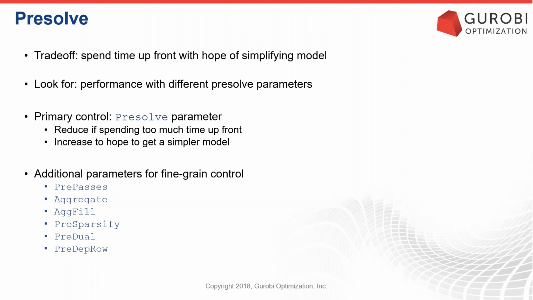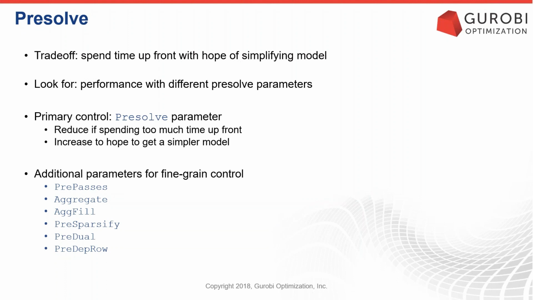So you can set it, for example, to a value of 1 so that you spend less time, or you can increase the effort that is spent. And it's really hard to say if this is helpful or not, so this needs to be tested, usually for every model. There are also other parameters that can be used to fine-tune Presolve. For example, you can adjust the number of passes, of cycles that are applied at the beginning or during Presolve.